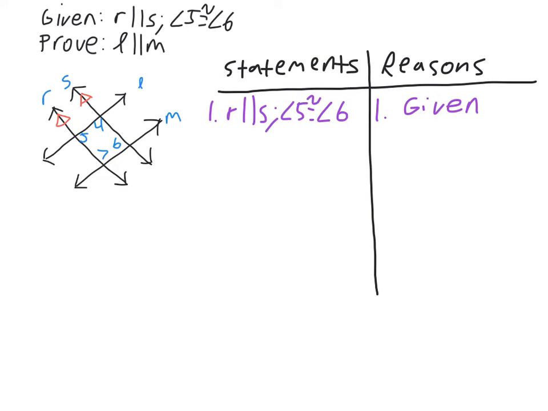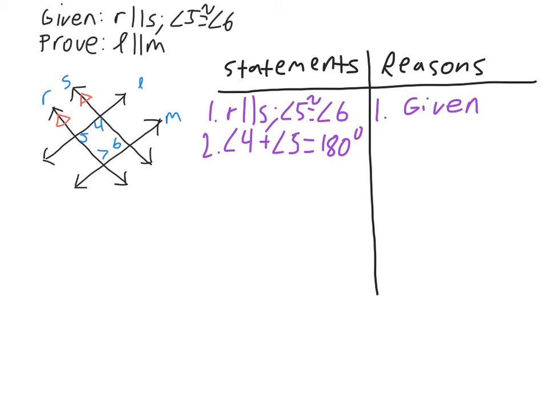So we can now say in one of our statements that angle 4 and angle 5 are supplementary, and so adding them together will give us 180 degrees.